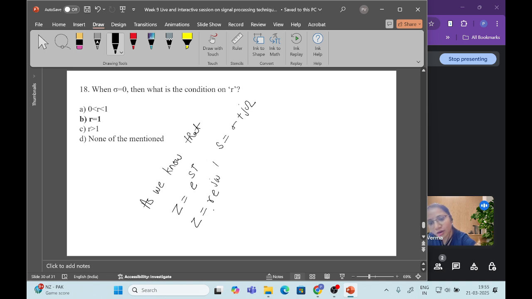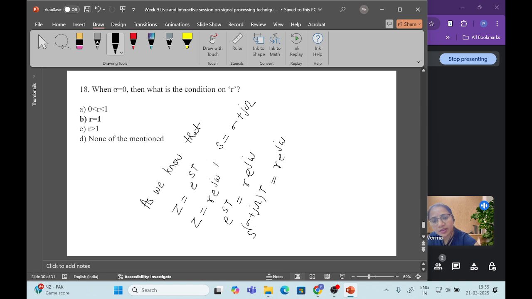Now put these values: e to the power sT must be equal to R e to the power j omega. Now put the value of s as sigma plus j omega, so e to the power (sigma plus j omega) T is equal to R e to the power j omega.